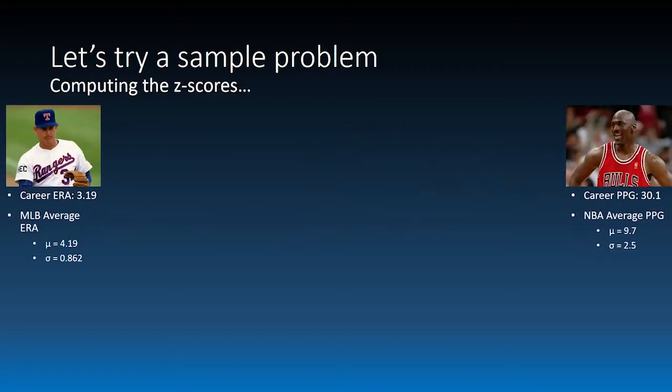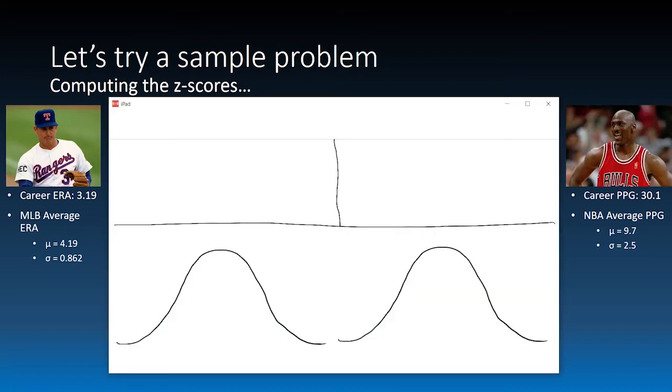And so in order to do this well, we're going to actually write it out. So for Nolan Ryan, we've got x being 3.19 minus mu is 4.19, and we're going to divide that by 0.862, which you can tell is going to give me a negative number.